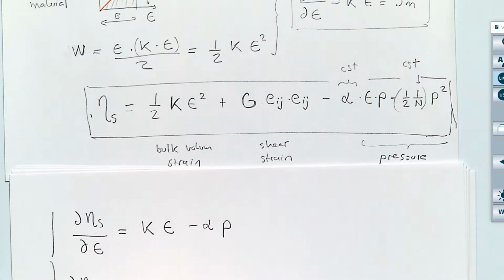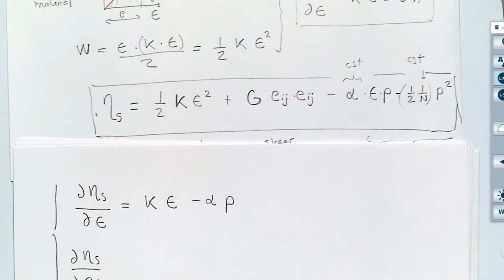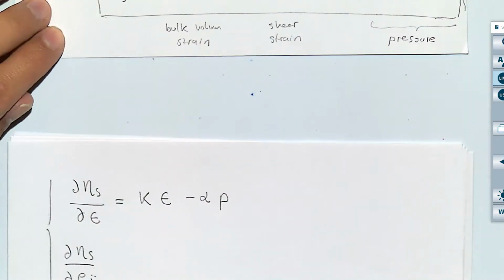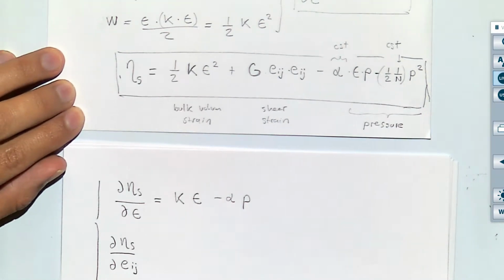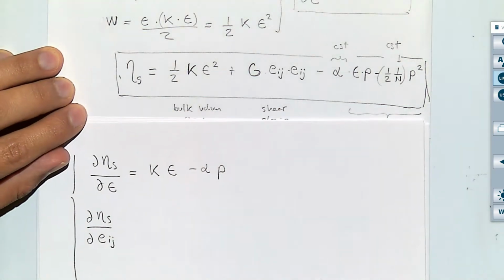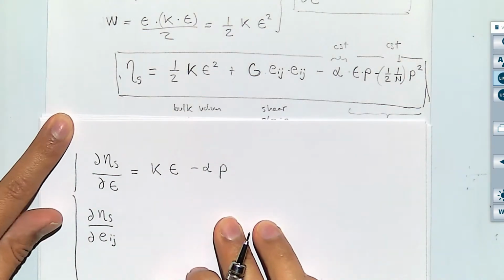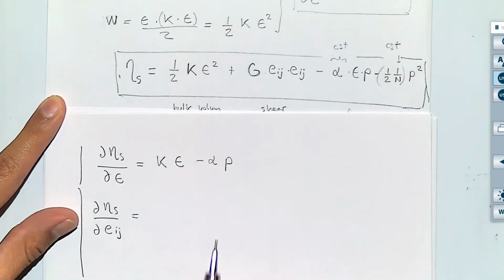We're going to do derivatives with respect to the shear strains. Okay. The second one, there is shear strain here.